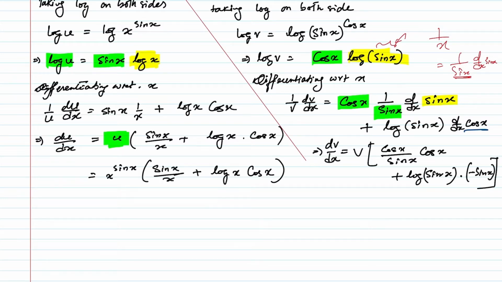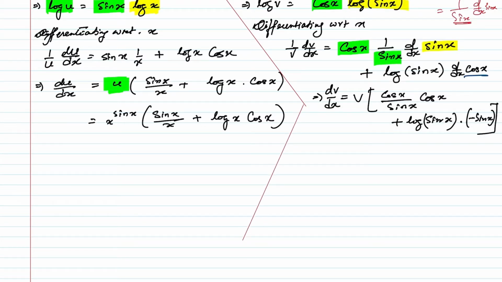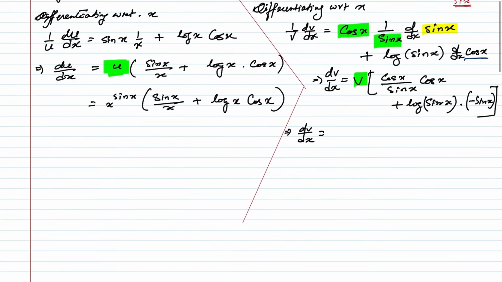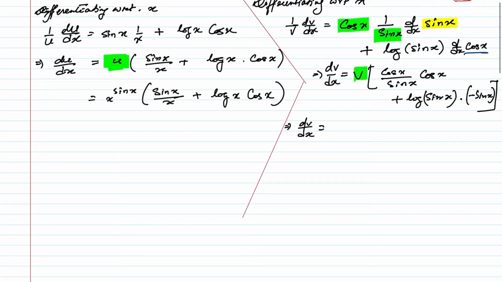So now dv by dx is equal to v, so let us replace v by its value, sin x to the power cos x, sin x to the power cos x, and here you can see this is cos x by sin x, and this is again cos x.